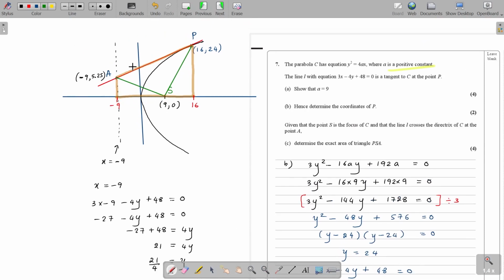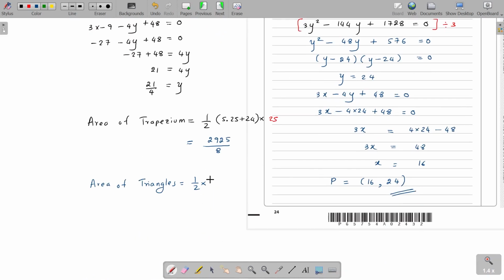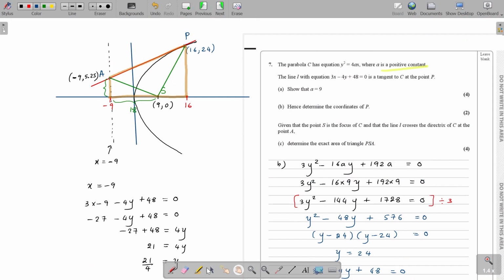And what is the height of this triangle? 5.25. Half into 18 into 5.25, plus the area of the other triangle, half into base of this other triangle, which is from 9 to 16. How much is the base? 16 minus 9 is 7 and the height is 24. Half into 7 into 24.